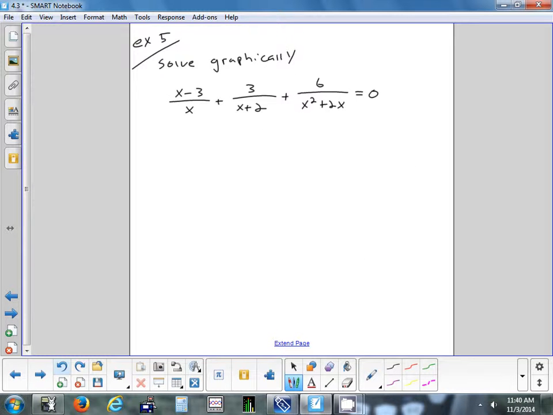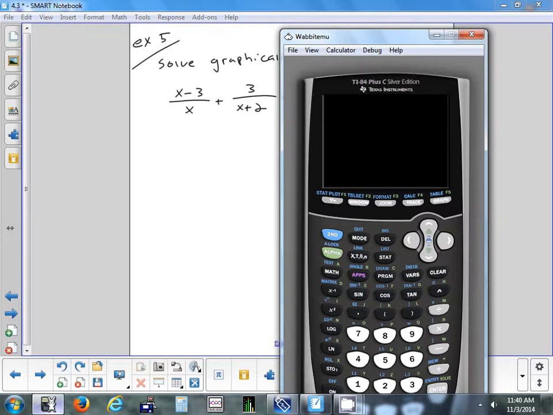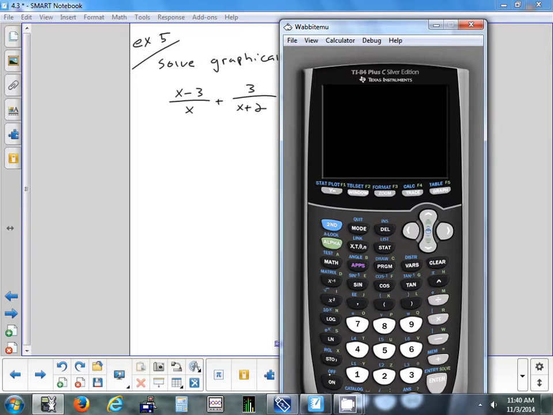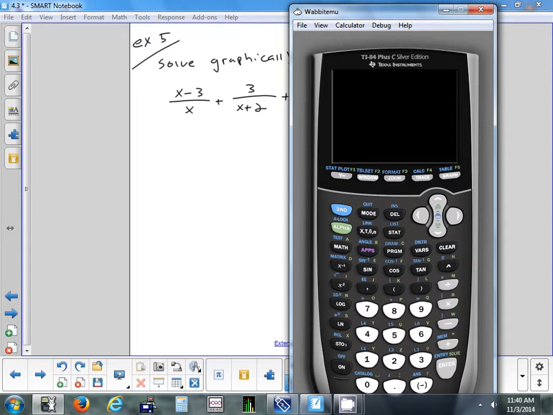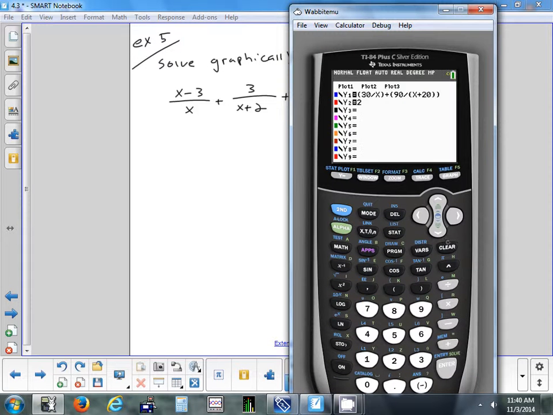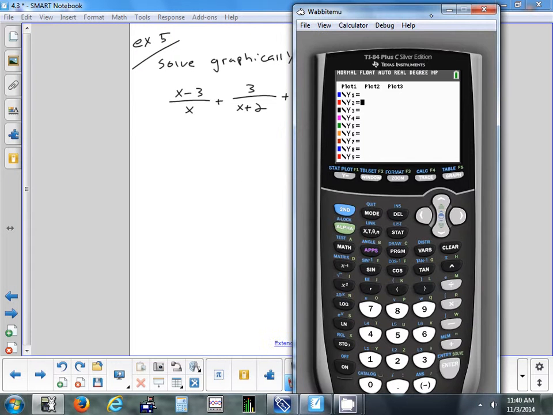All right, so let's graph that and see if we can solve it. We got x minus 3 divided by x, and you know what? I'm going to put parentheses around each part.